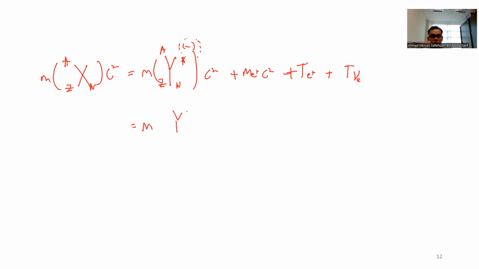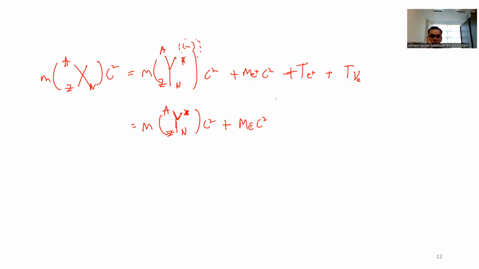So m star c square. Okay, so separate out the electron, plus the mass energy of the negative electron.